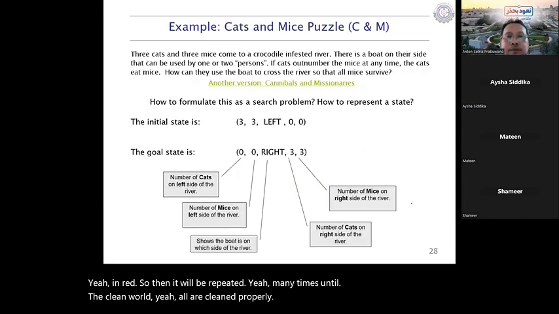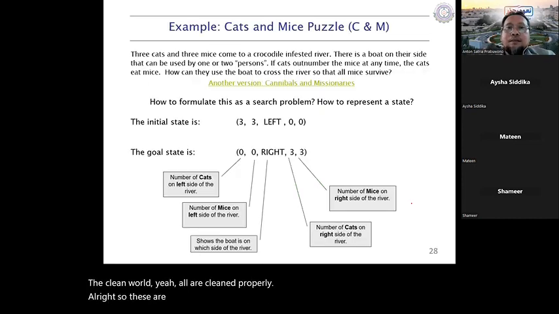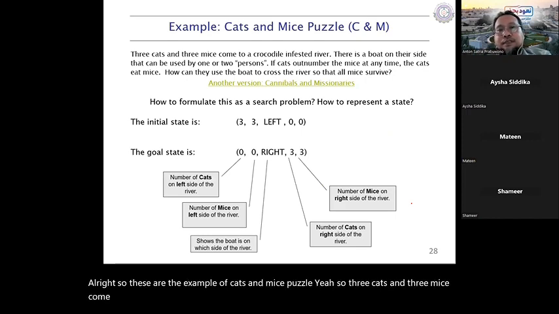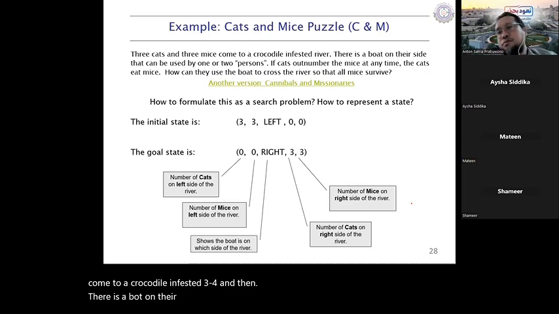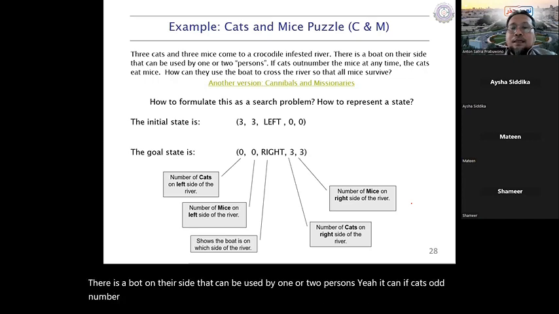All right. So this is an example of the cats and mice puzzle. 3 cats and 3 mice come to a crocodile-infested river, and there is a boat on their side that can be used by 1 or 2 persons. If cats outnumber the mice at any time, the cats eat the mice.